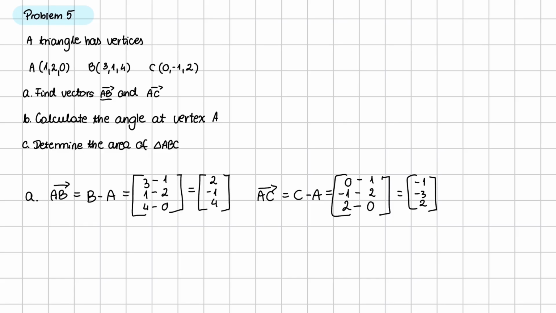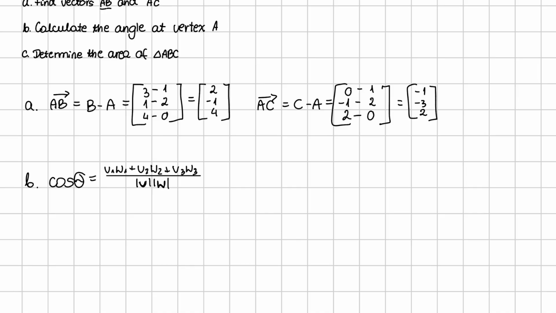Part B, calculate the angle at vertex A. So we have to use our formula for the angle between two vectors. Let's firstly calculate our numerator using the scalar product.